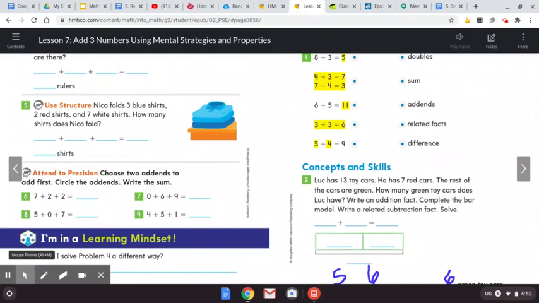7 plus 2 plus 2. Which 2 are you going to add first? You don't always have to go from left to right. Number 7, 0 plus 6 plus 9. Which 2 are you going to add first?